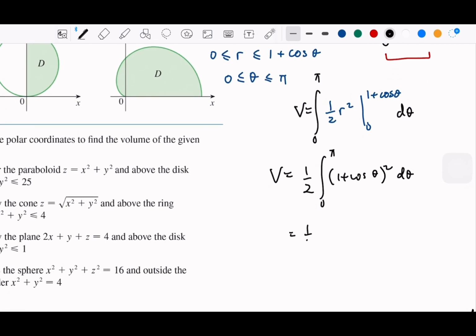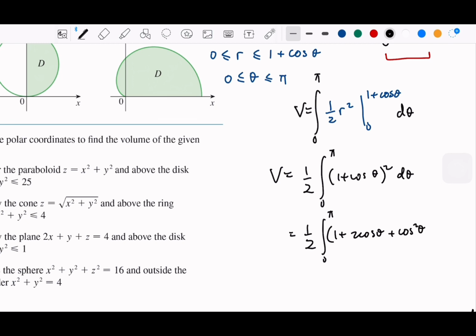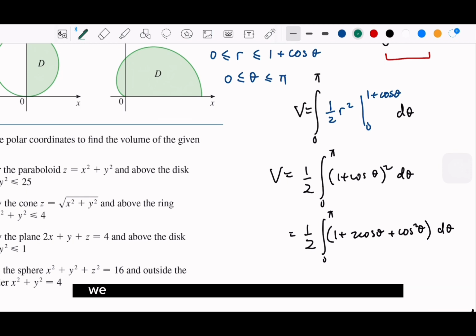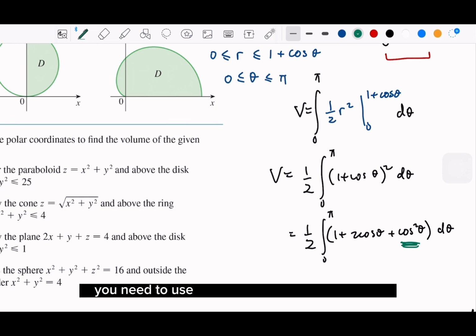So 1 plus 2 cosine theta plus cosine squared theta d theta. And then as usual, we take the double angle for the squared. So you will see in many questions you need to use the double angle formula a lot. So please remember that.